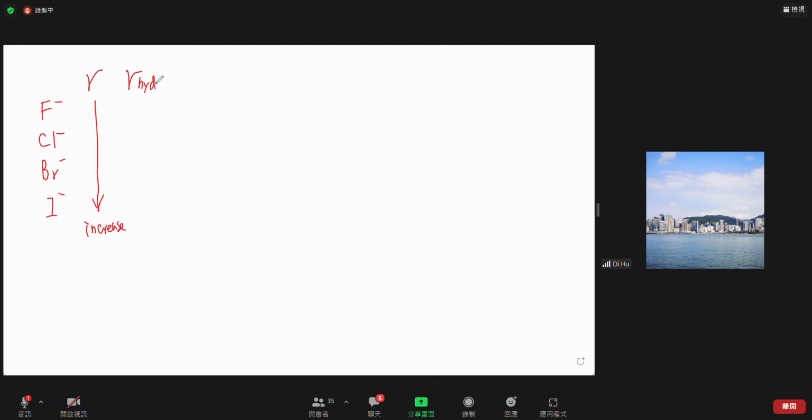So if we're talking about the hydrated radius, can anyone tell me: hydrated fluoride, hydrated chloride, which one has the largest radius? Is it hydrated fluoride or hydrated iodide? Which way? This way.